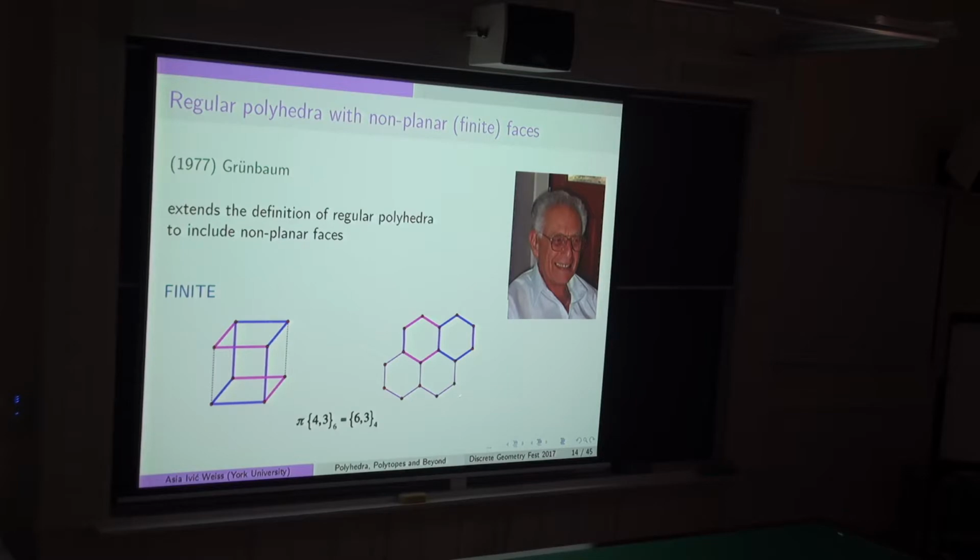So if you look at it as a combinatorial object, you have hexagons, 3 meeting at each vertex. So in fact its Schläfli symbol is {6,3}. However, if you just write it as {6,3}, that describes the infinite tessellation of the Euclidean plane by regular hexagons. So this 4 here is making it more specific, making it finite.